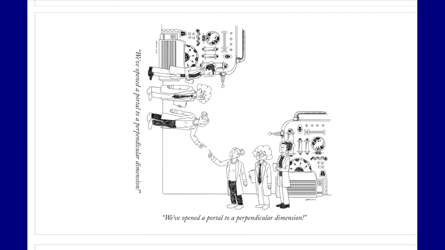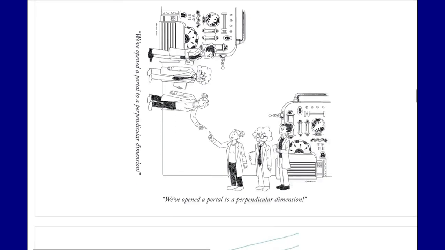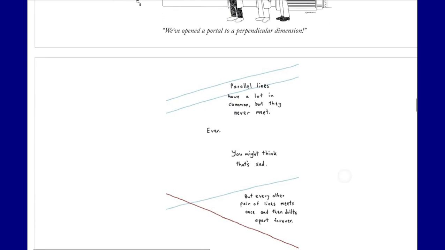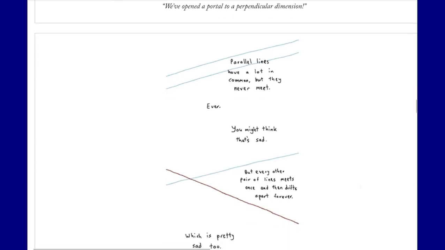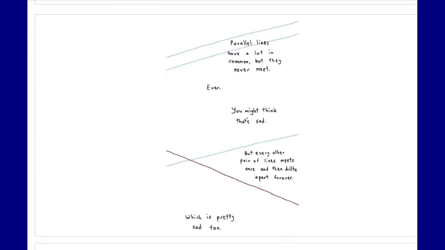You see the TV shows where it's the same thing, except maybe it's a different theme, like everything's in black and white, or a cowboy universe where everyone's just dressed as cowboys. So this is obviously a joke on that. Parallel lines have a lot in common, but they never meet ever. You might think that's sad, but every other pair of lines meets once and then drifts apart forever, which is pretty sad too. So kind of like our perpendicular lines, they will meet once and that's it.